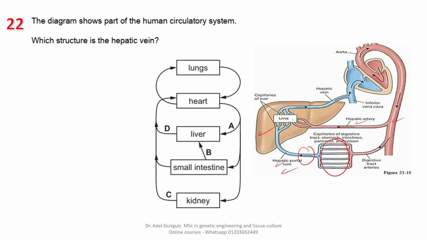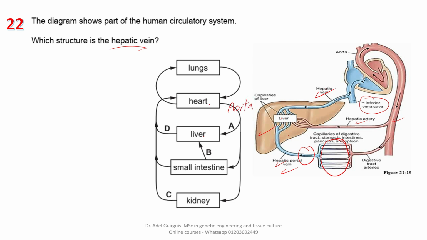The liver drains blood into the hepatic vein and then into the inferior vena cava. So which structure is the hepatic vein? Hepatic vein, this part. Look at the liver. From the heart, this aorta, letter E, aorta.